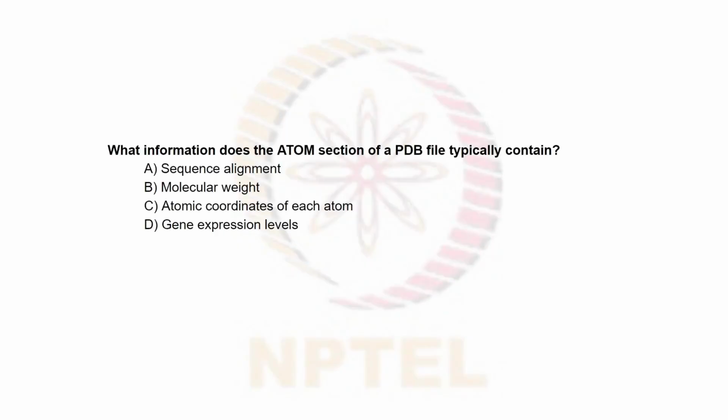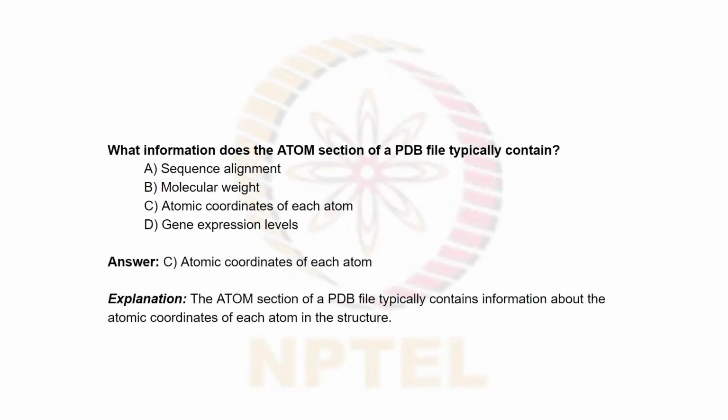What information does the atom section of a PDB typically contain? Now that we know the header section has a brief description about the protein, the atom section has the atomic coordinates of each atom.